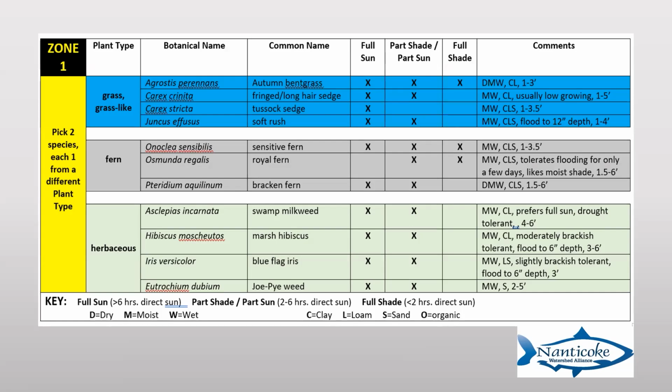And then I did just a quick thing here in terms of the type of moisture that they would prefer, that can guide you as to maybe one over the other, as well as the type of soil that you might have. And just if you're not familiar, full sun, I typically define as more than 6 hours of direct sunlight. Full shade would be less than 2 hours of direct sun.